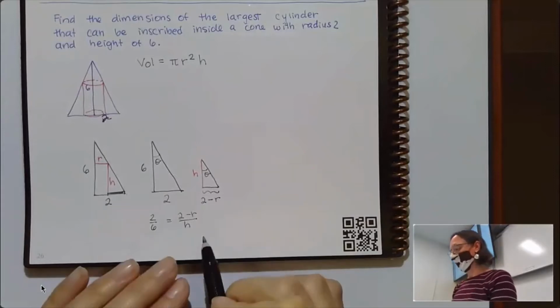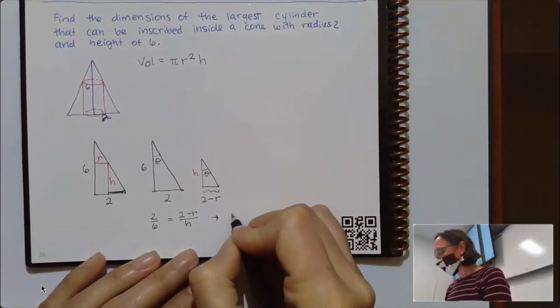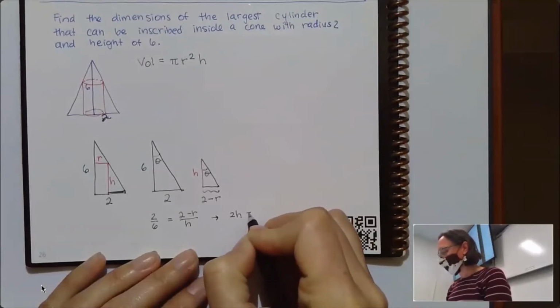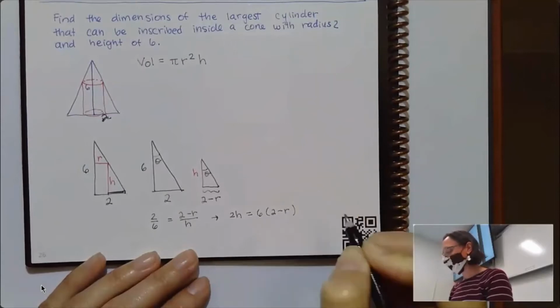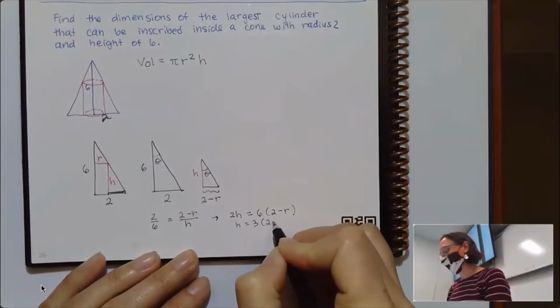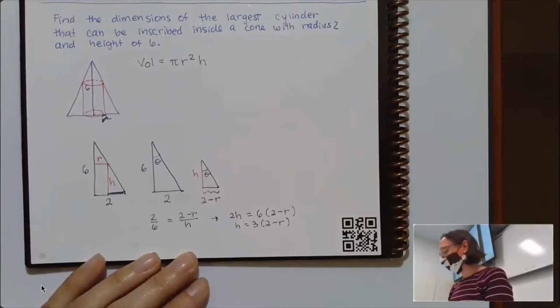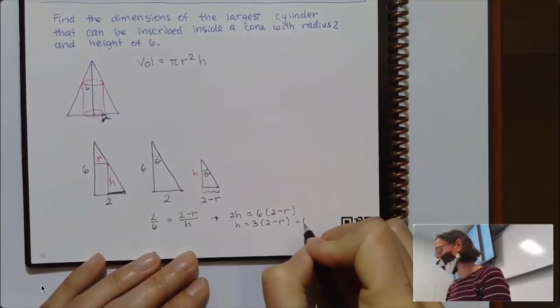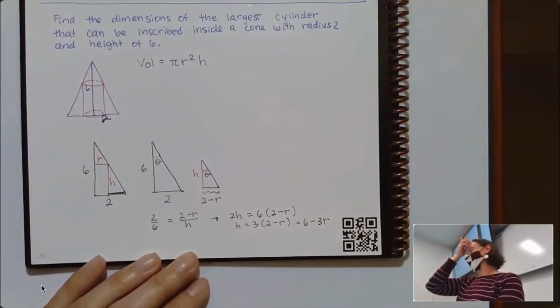Otherwise, you can multiply both sides by 6H to end up at 2H equals 6 times 2 minus R, or H equals 3 times 2 minus R, or H equals 6 minus 3R. I think I got all that right.